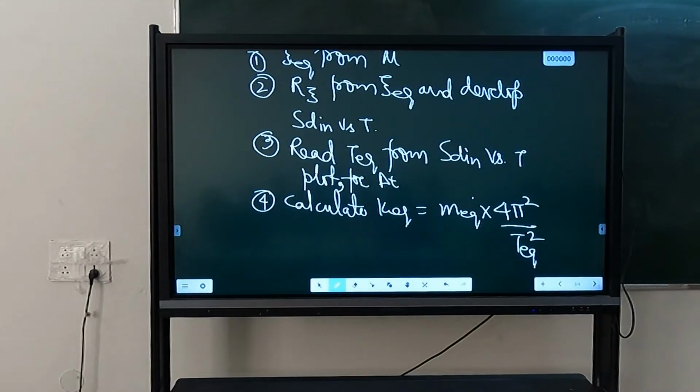I think there also I have written SD into, that is SA. This I have to obtain from the building.